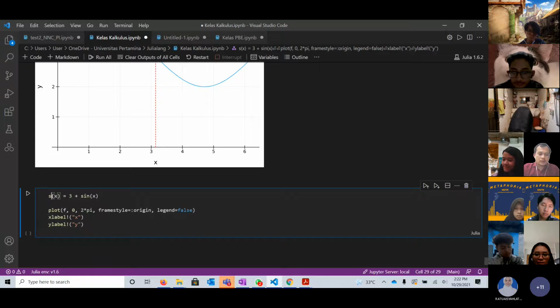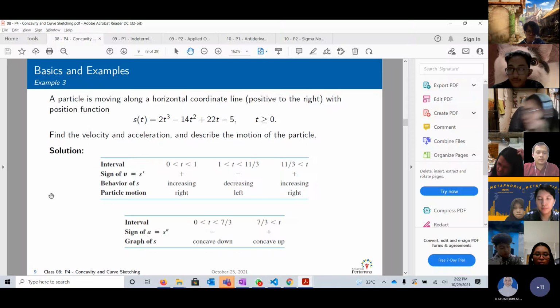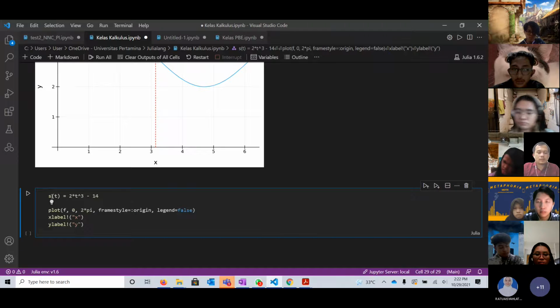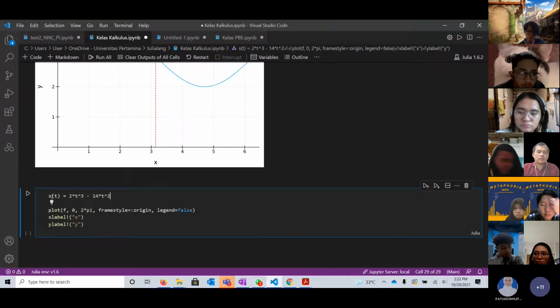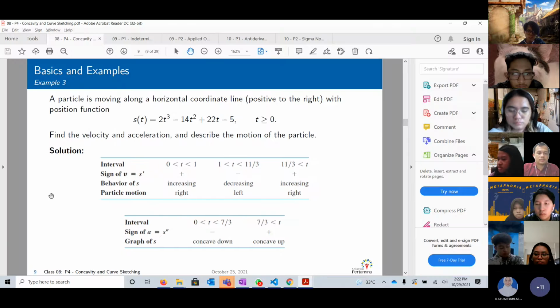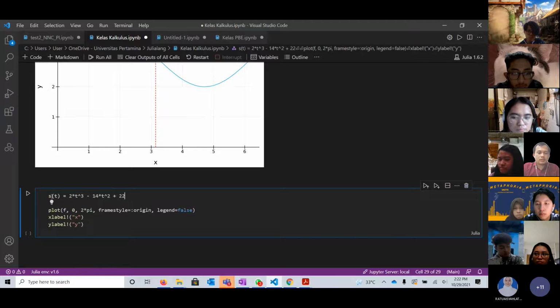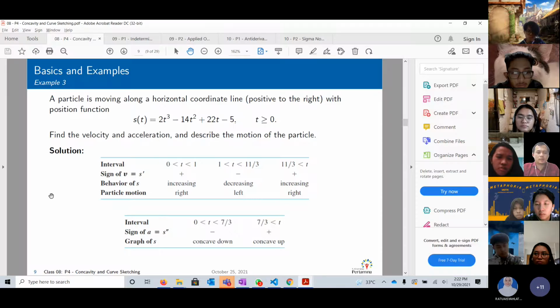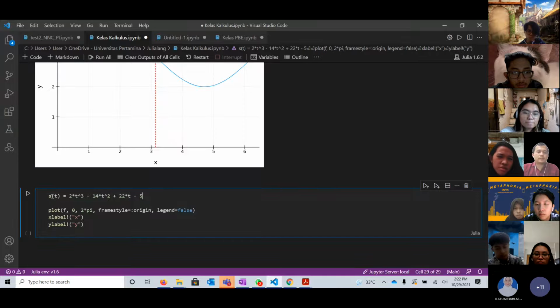So S of t is equal to 2 times t cubed minus 14 times t squared plus 22 times t minus 5. Let's plot it from 0 to, let's say, 10.